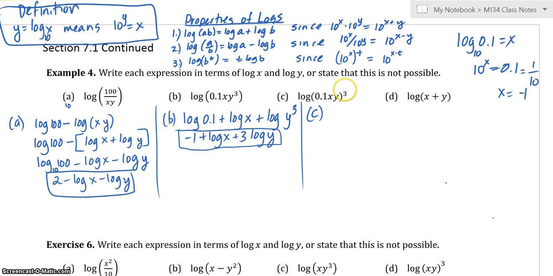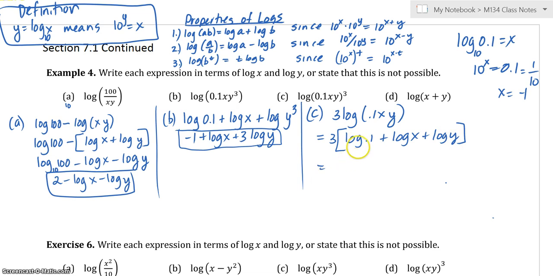C is a little bit different because it's the cube of the whole thing. So I brought down the 3 just to the y on part B, but here it's going to be bringing down the 3 of the whole thing. So what is that going to be? I'm going to do the same thing, but I got to do this in parentheses because it's 3 times the whole thing, log of 0.1, plus log of x, plus just log of y now.